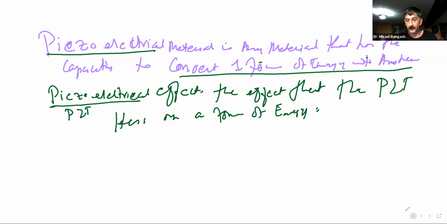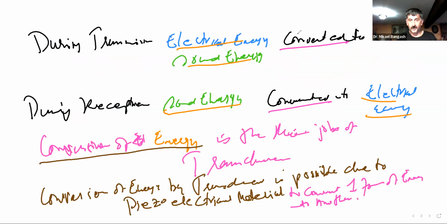So this conversion here is a result of what we call a piezoelectrical effect. Likewise, this conversion here is a result of a piezoelectrical effect, which means the effect of the piezoelectrical material upon the energies.